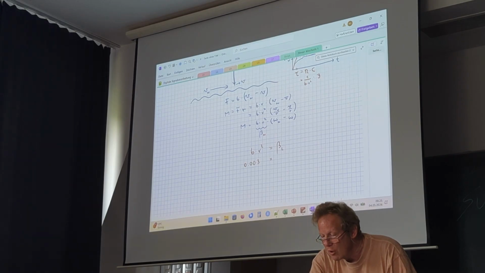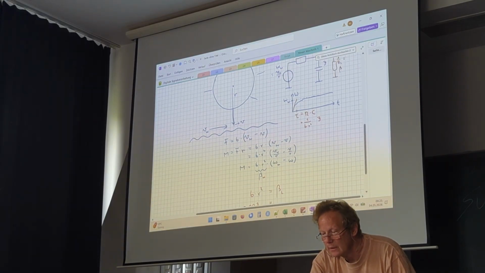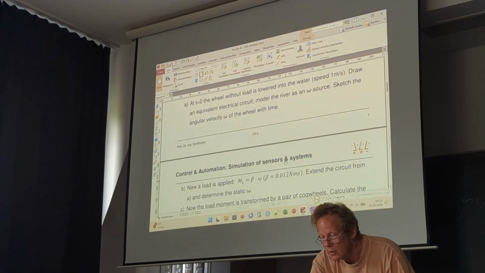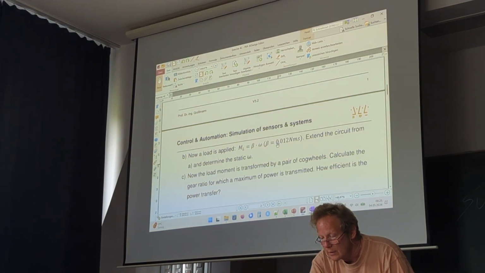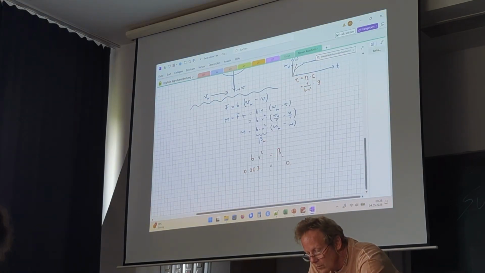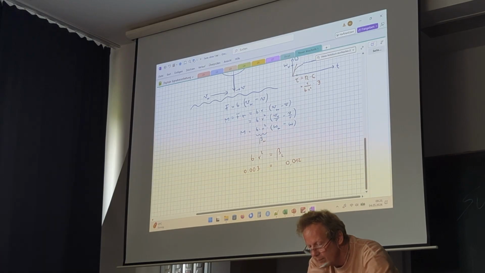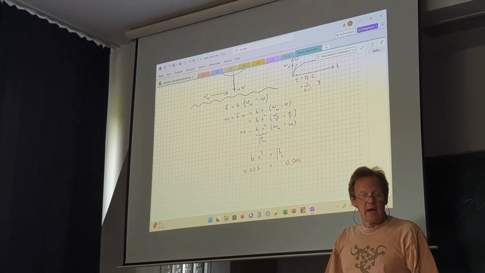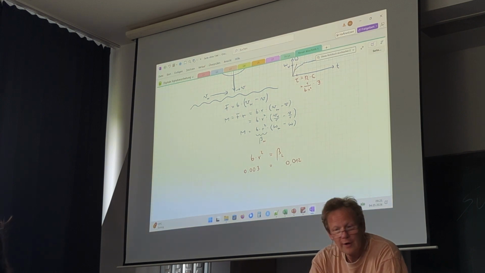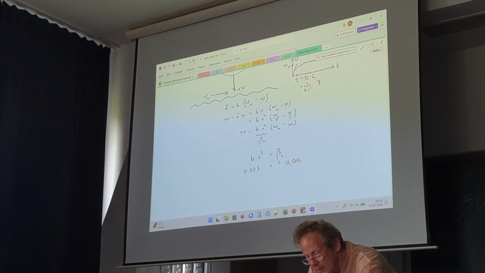What we have at the moment is beta load. What's that value? 0.012. So we can correct this with a factor 1/4. So what we need is 1/4.